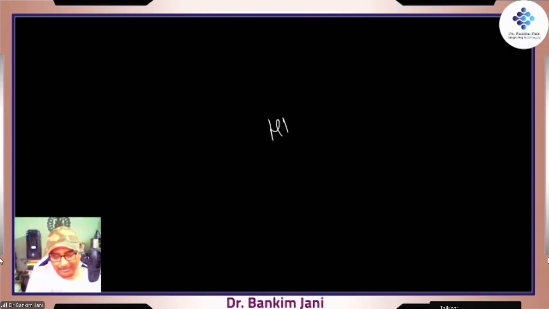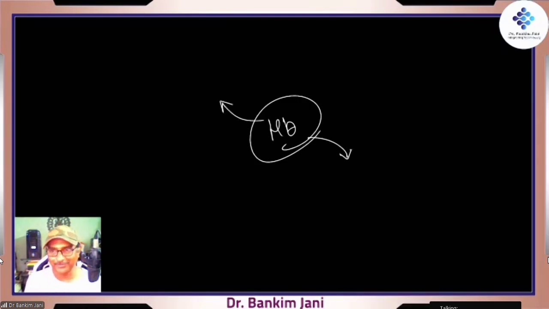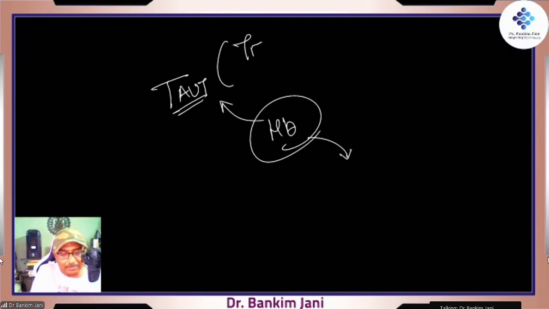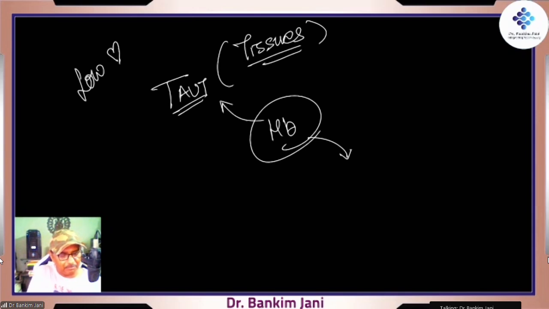So hemoglobin is of two types. One is called the taut form. T-A-U-T. Taut means tight, and you can remember it as T for tissues. The taut form is a bit stiff, so it has low love for oxygen.